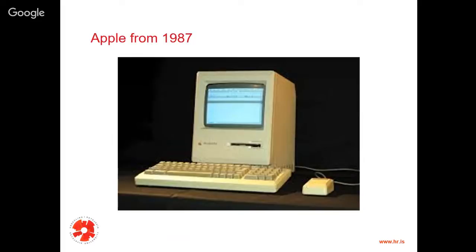And you would put your diskette in the slot in the machine. And then when you wanted to take it out, can you imagine what you were supposed to do? Have you heard this? You had a diskette icon, and you were supposed to take the diskette icon and drag it to the trash can.